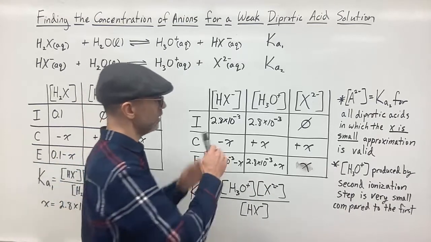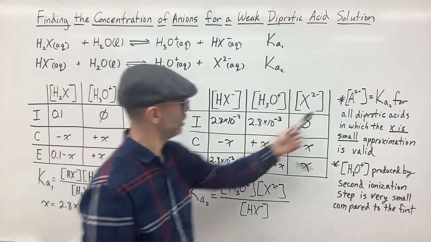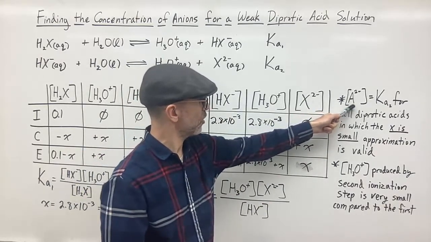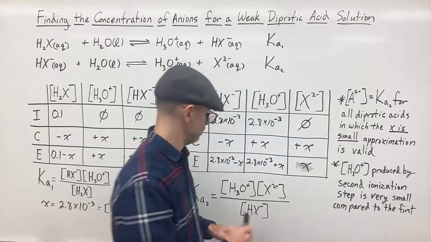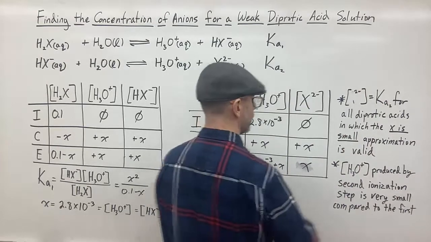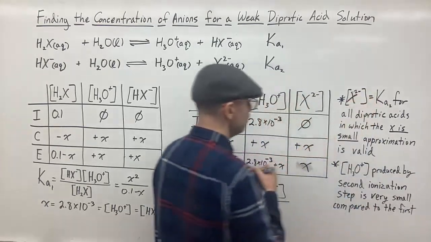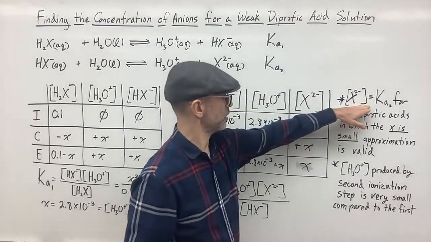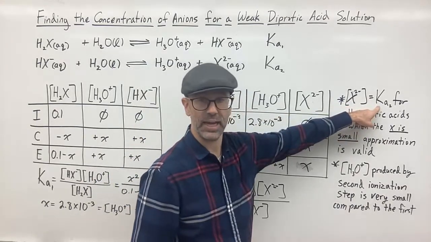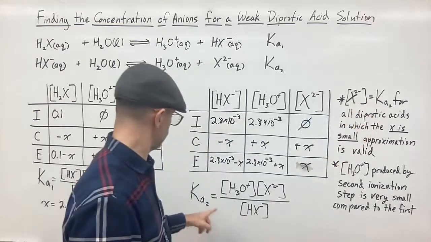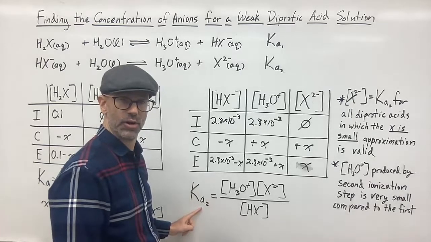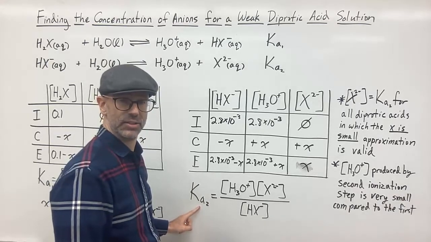A couple of things to point out when you do this. One thing is that your anion concentration, and let me call that X since I'm using X, the anion concentration of your diprotic acid is going to be equal to the Ka value, Ka2. So that's what you're going to end up with for your anion concentration.